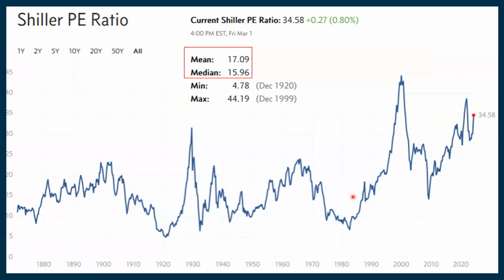The reading that he's getting right now is 34.58. Well, to give us some context, we can look at the chart to see historically what has happened. And then we can also look at the median and the mean up above, where we're currently between 16 and 17. We're coming in at 34.58. So this is also suggesting on a historical basis that the market is expensive.